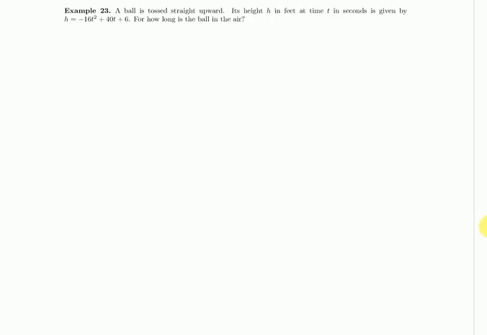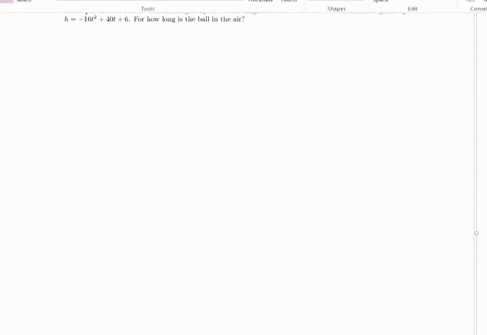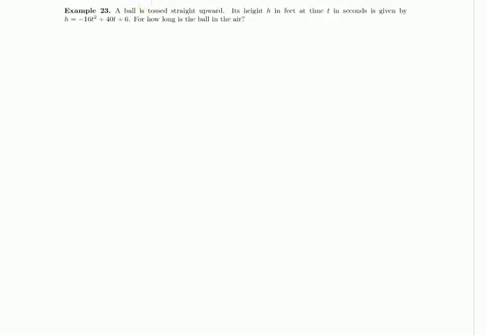Okay, in this example, if you remember how we solved the previous example, then whenever they give us the relation between the heights in feet and time in seconds, the typical height function will be given this way.